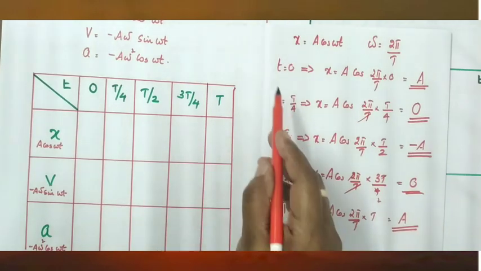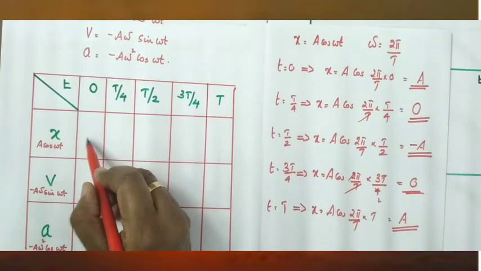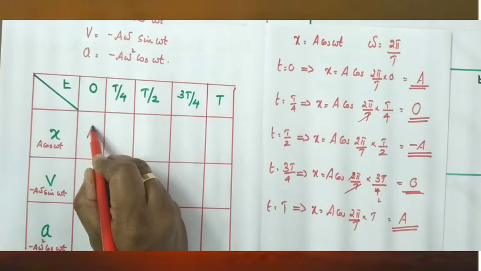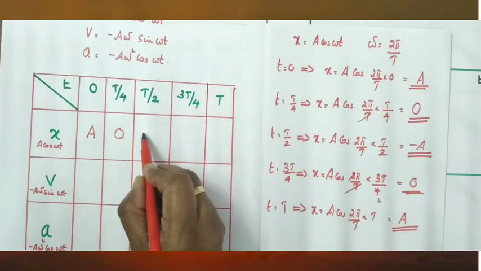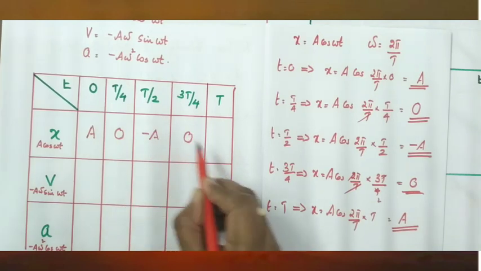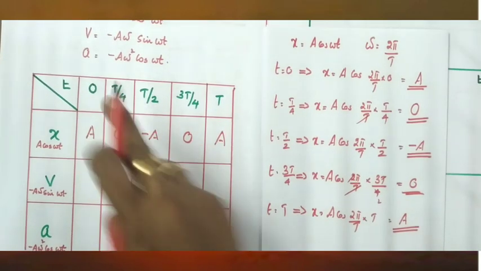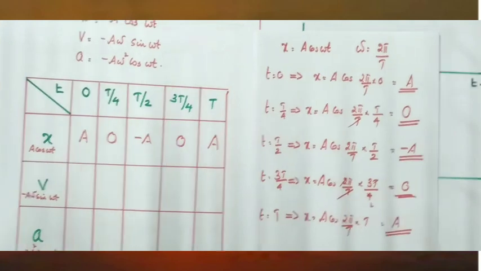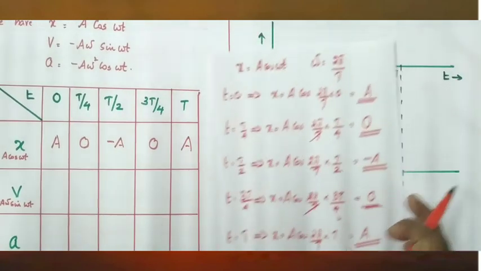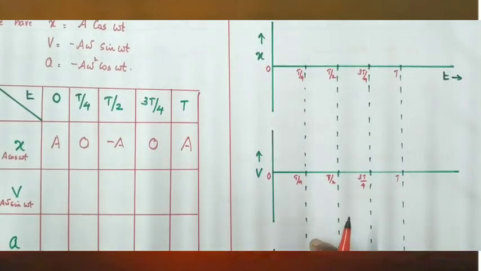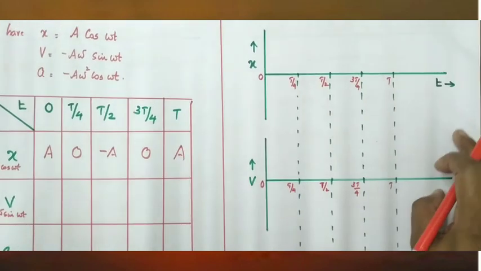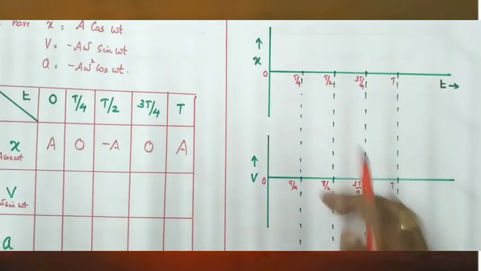Here we can write, when t is equal to 0, what is the displacement? Displacement is A, then 0, then minus A, then 0, then A. These are the values of displacement for the time intervals 0, T by 4, T by 2, 3T by 4 and T. Using this we can draw the graph, time along the x-axis and displacement along the y-axis.